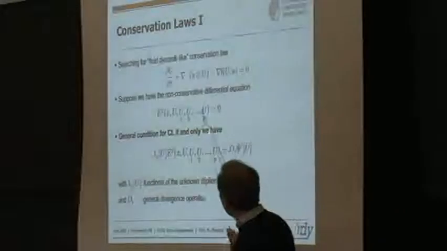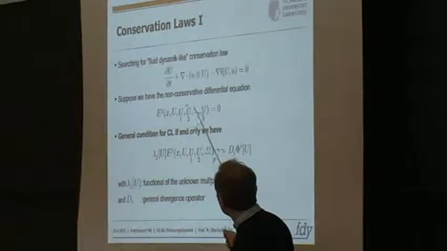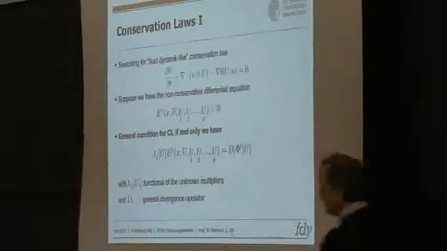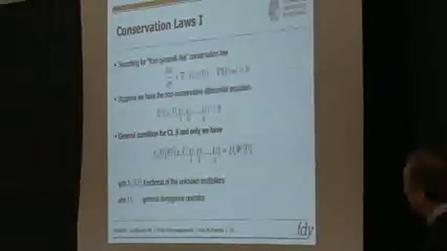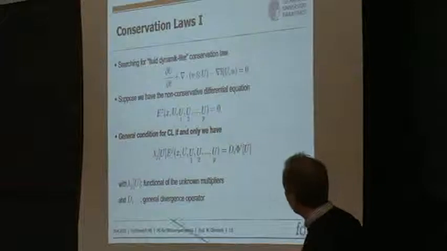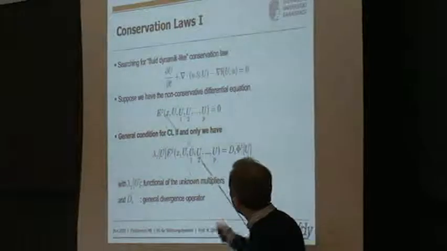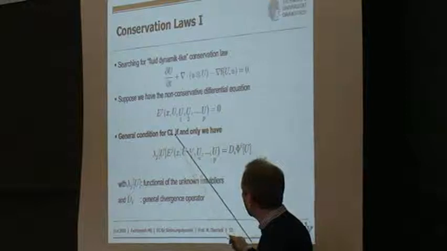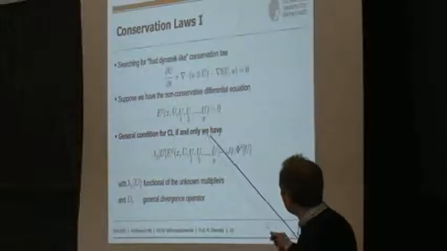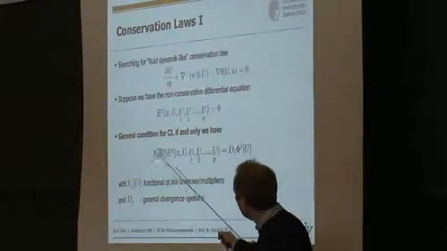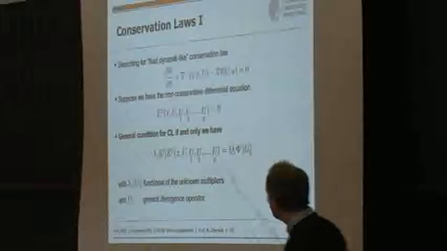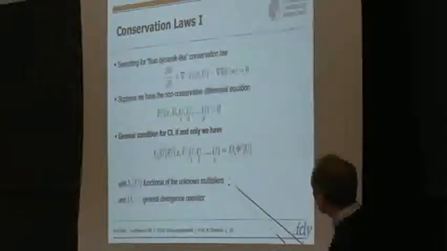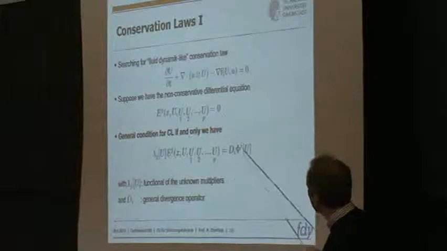So suppose we have a set of non-conservative differential equations, this type of thing, identifying what we had in the previous slide. And now what we're looking for is to rewrite this one here in a conserved form. So the general condition for a conservation law is that, if and only if we find multipliers of this form, then the whole thing can be written in terms of this general divergence operator.